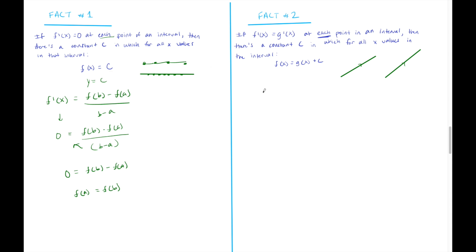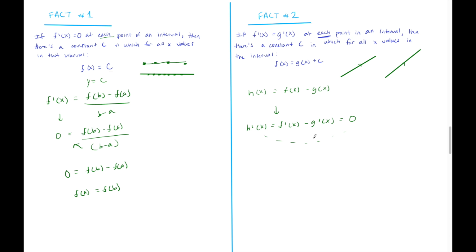So let's try to prove this analytically though, using what we know and fact number 1. Let's say we have an overall function h of x equals f of x minus g of x. Now if we took the derivative, we would get h prime x equals f prime x minus g prime x. If f prime x is equal to g prime x at every single point, that means they cancel out and equal 0.